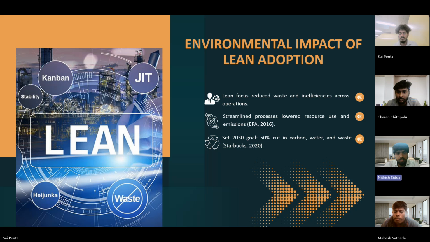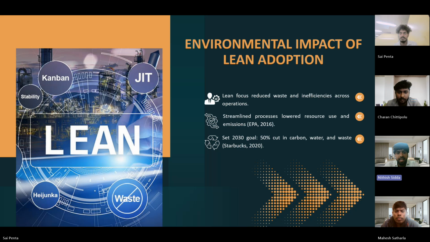On Starbucks operations, by focusing on waste and influences across operations, Starbucks' implementation of lean management principles has yielded noticeable environmental benefits. For instance, lean business practices at Starbucks, such as reducing the expenses of inventory and streamlining processes, help lower resource use.